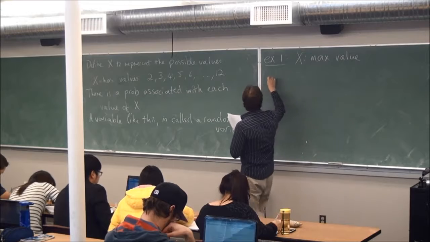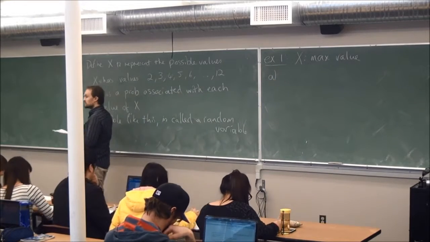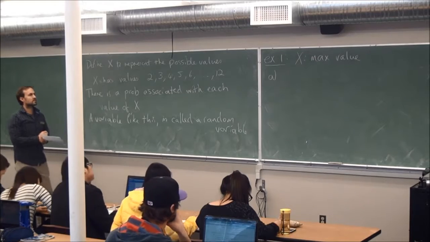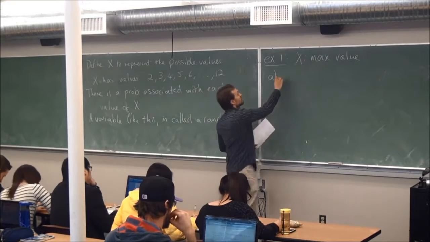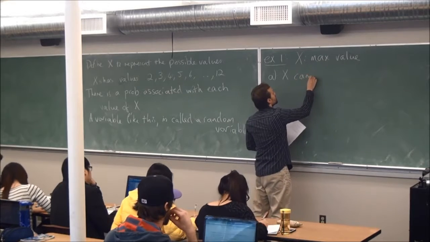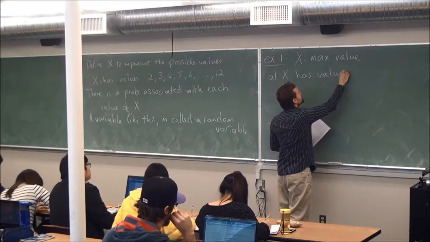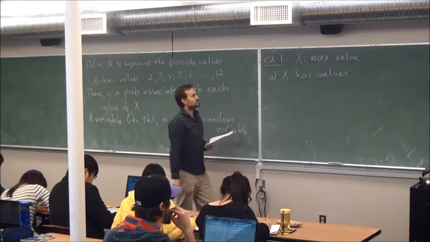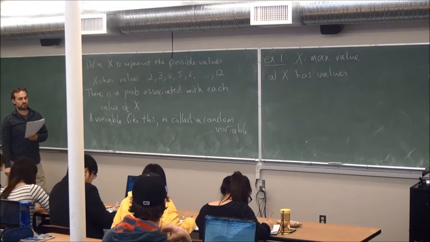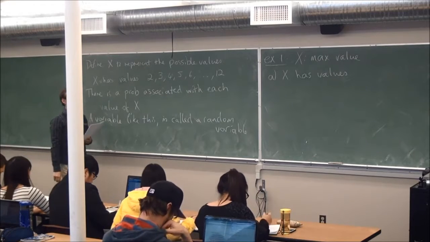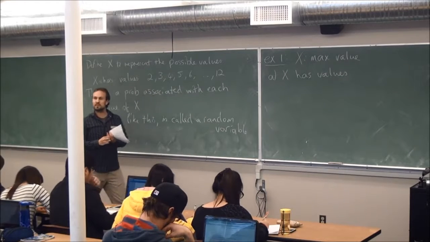So the first thing, whether they ask it or not, I have to list all the possible values of x, or at least have a clear idea about what values x can have. So x has values. What are the different values that x can have? If x denotes the maximum value to appear in the two rolls, what is maximum value?